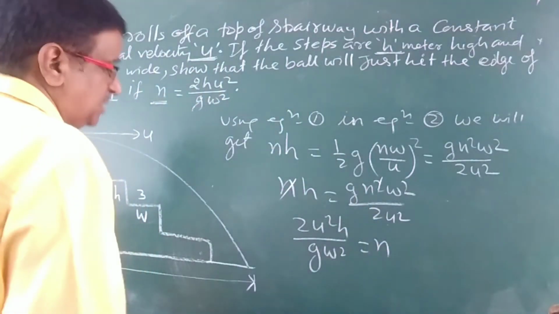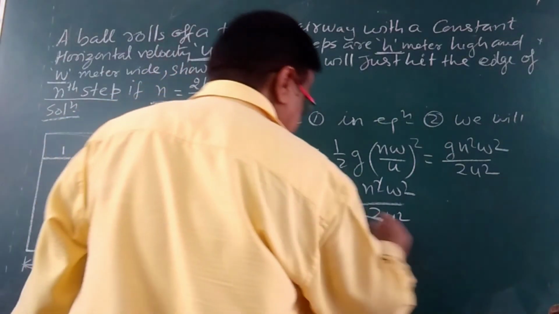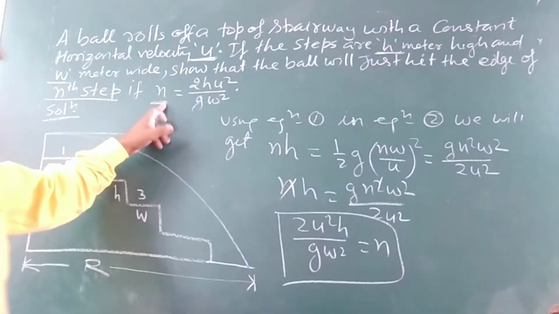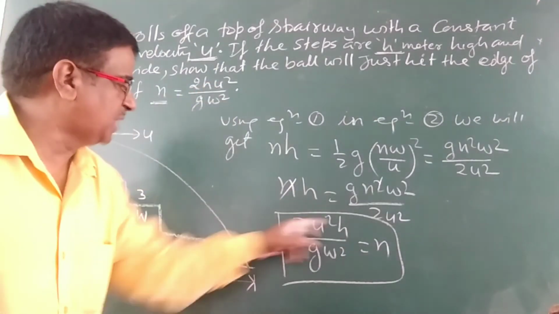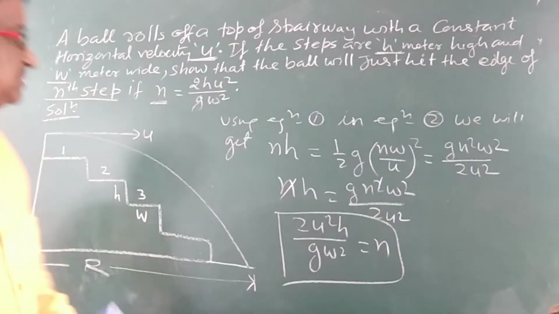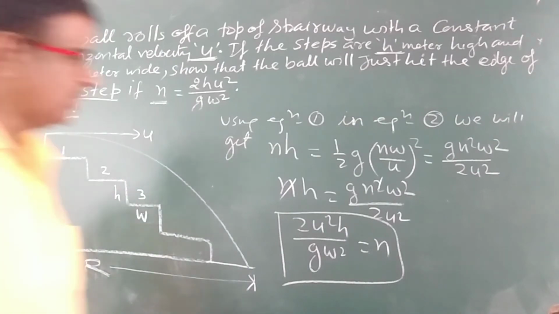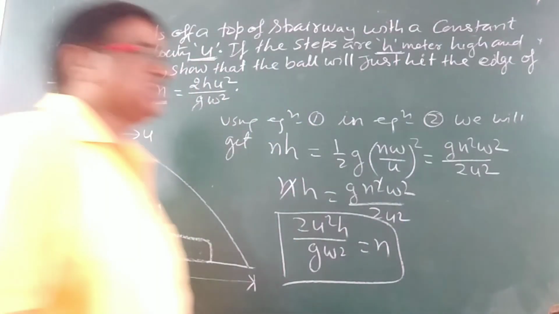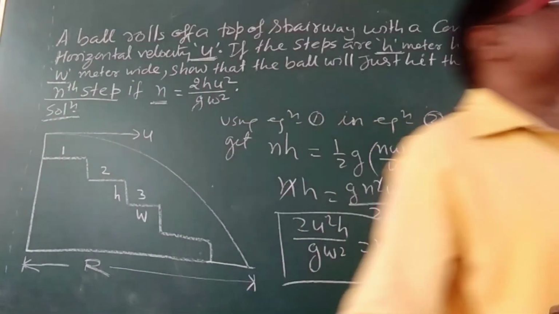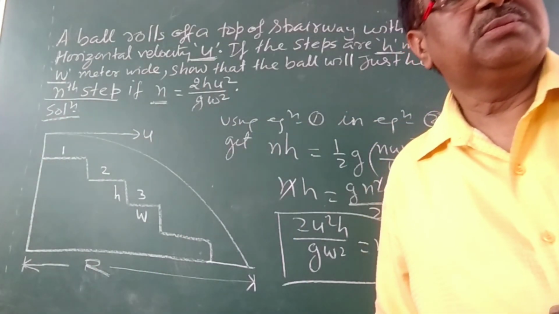That is the required expression: n is equal to 2hu square divided by g w square. So the ball will hit the edge of the nth stair.